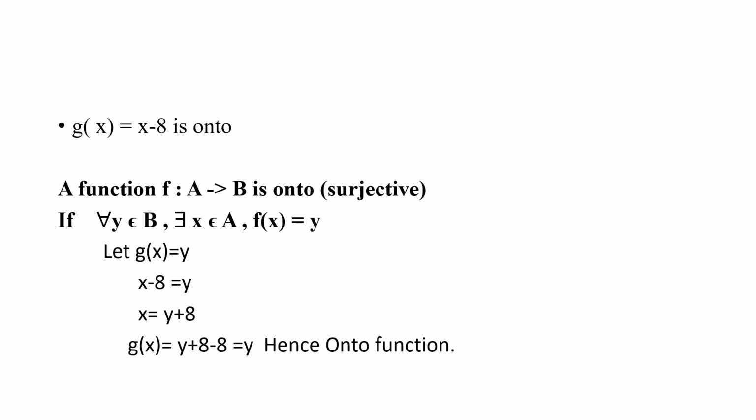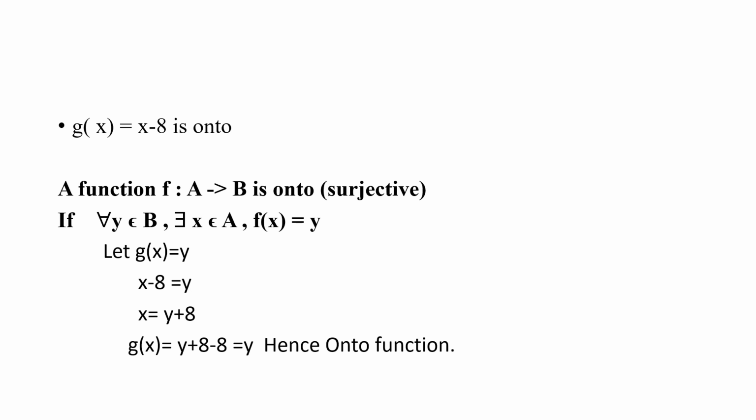First we can assume that g of x is equal to y. Now g of x can be replaced with x minus 8 and that can be equated to y. From this we can get an equation for x in terms of y as x equal to y plus 8.